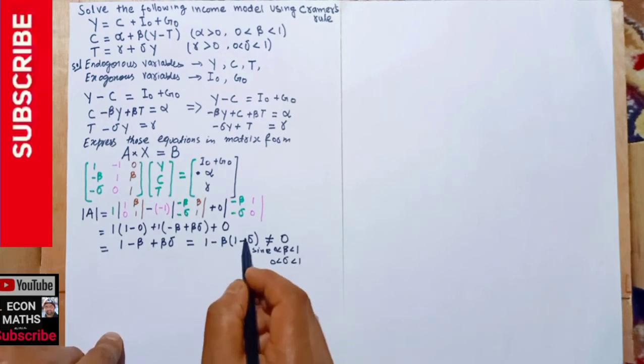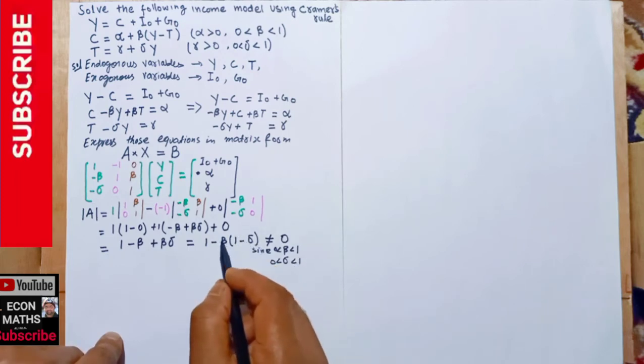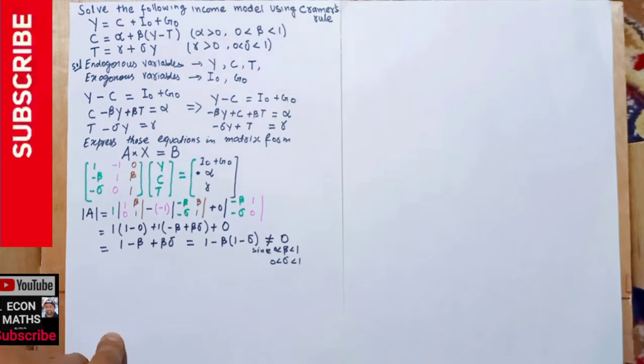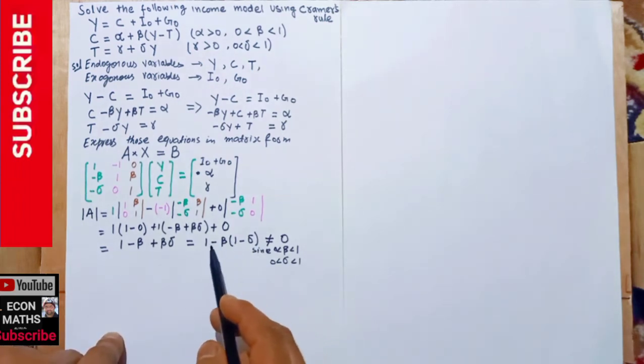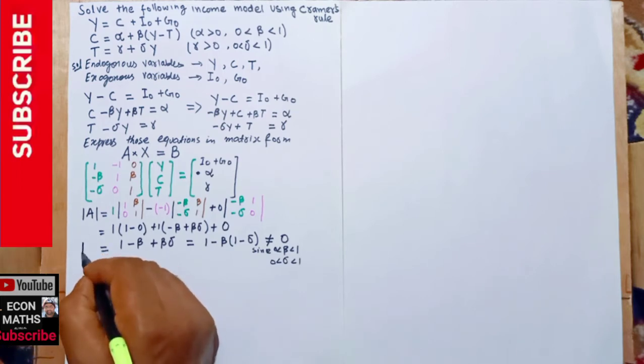So it is not possible that this term will become 1 in any case, since 1 minus it is a non-zero number. So here the determinant is greater than 0.